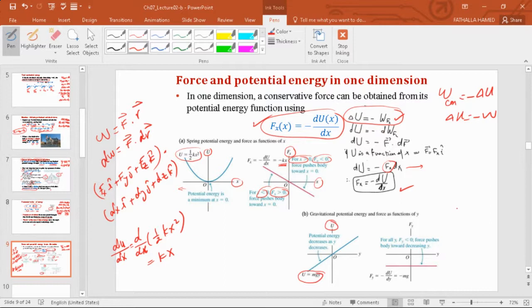You know that in this case, you're taking d by dy of mgy, and that will give you mg. But the F will equal to minus dU by dy, which will equal to minus mg. And that's what you have here. So your Fy is equal to minus mg for all values of y.